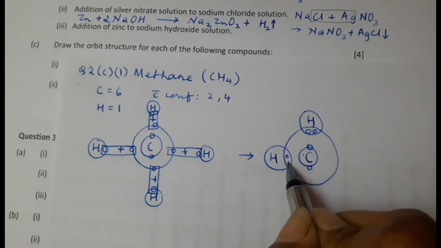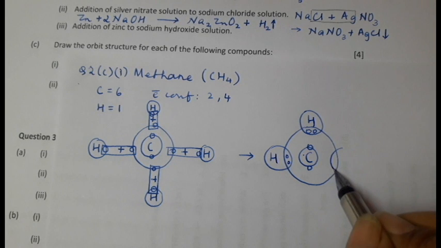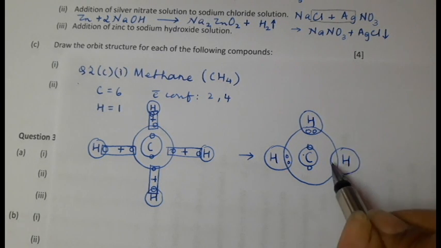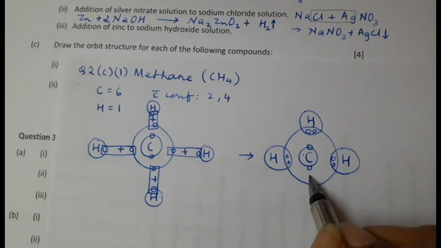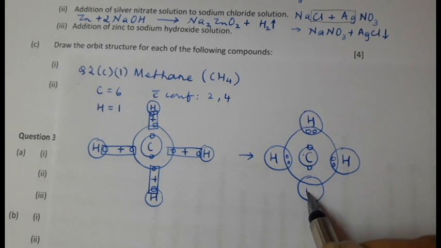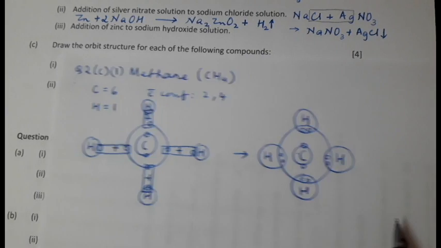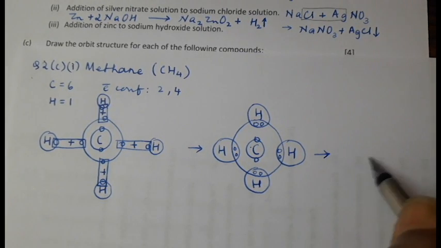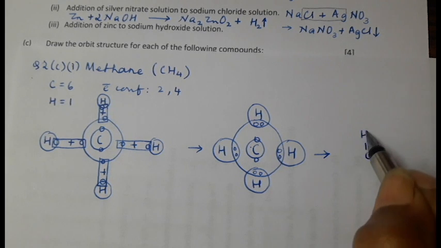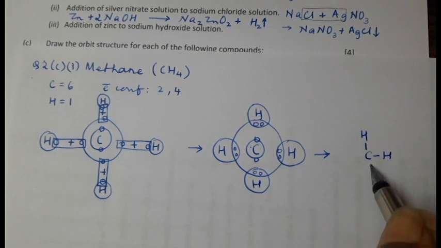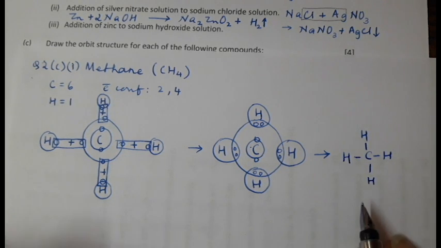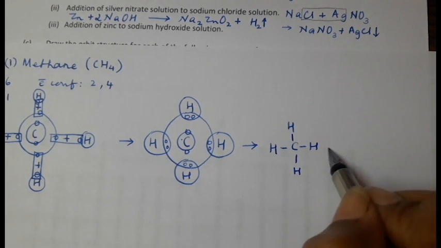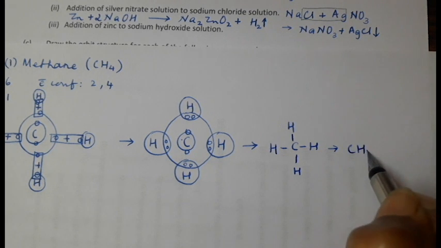Here also the 2 electrons that are shared. Here also the 2 electrons which are shared, and here also the 2 electrons which are shared, and that gives us C single bond H, single bond H, single bond H, single bond H, and that gives us our methane.